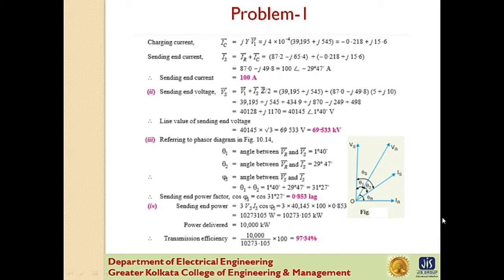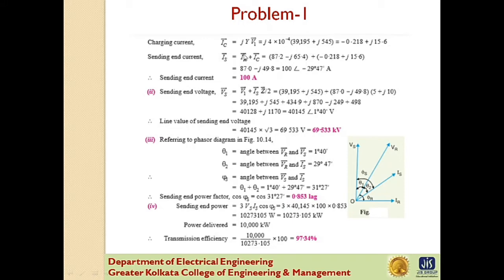We put the value of susceptance and V1, we finally get the value of charging current, that is equal to minus 0.218 plus J 15.6. Now sending end current Is equals IR plus IC, and putting the value of IR and IC, we get the ultimate value, that is 100 angle minus 29 degree 47 minute ampere.